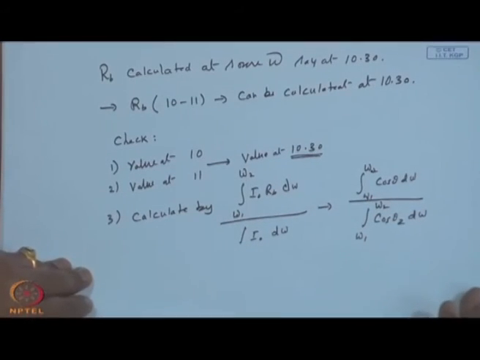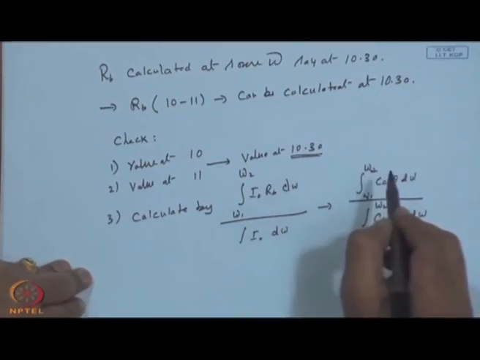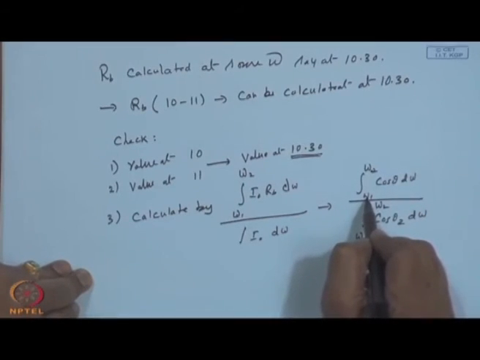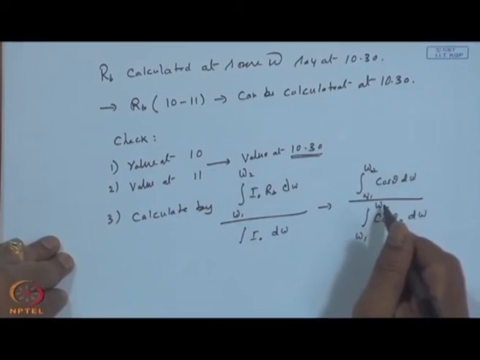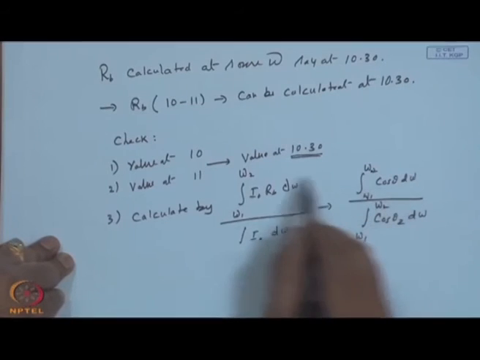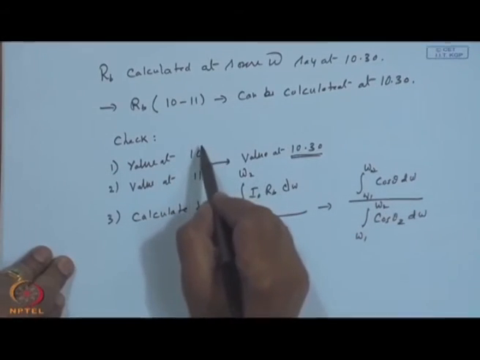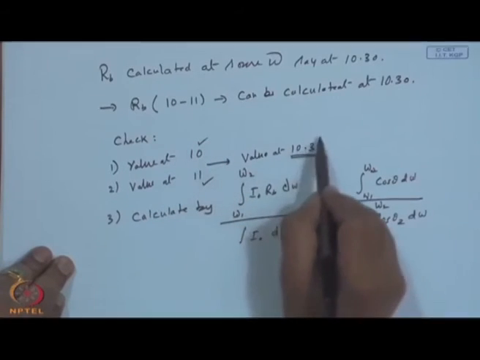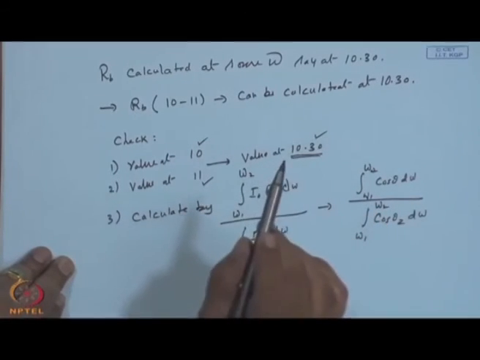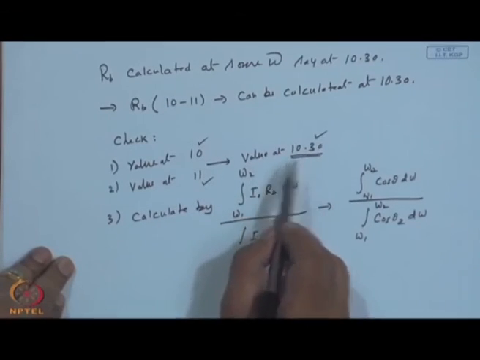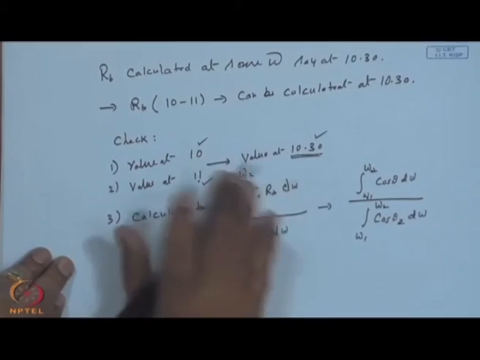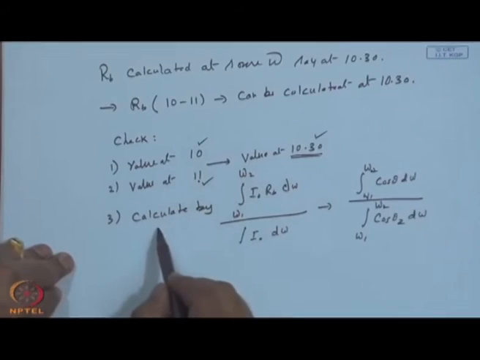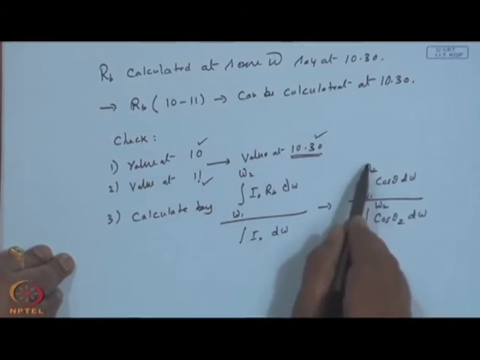I have no clue to this difference, but you can calculate simply as if it is a day, the 2 limits being omega 1 and omega 2 instead of twice of 0 to omega s. So, you calculate the 3 values at 10 o'clock, at 11 o'clock and at 10:30, and you check, of course, obviously the value at 10:30 will lie between 10 and 11 o'clock, and how far it is from the average that you can see, and make an exact calculation between omega 1 to omega 2.